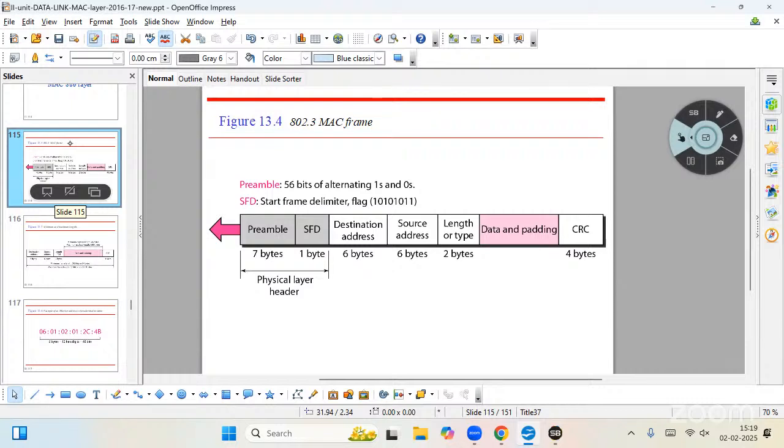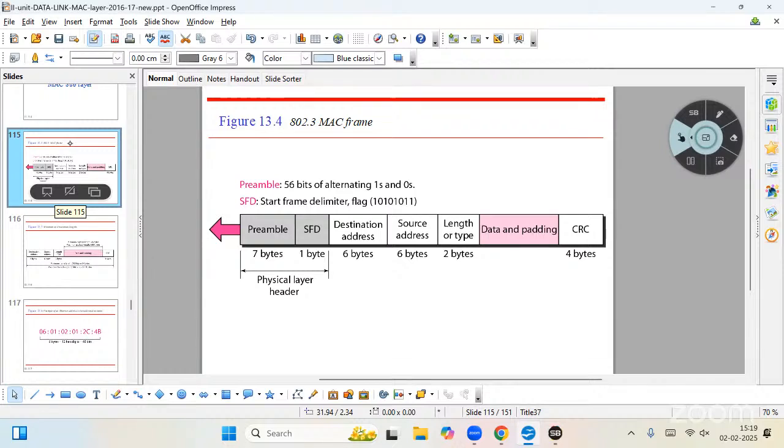In your university semester exam, different types of questions will be asked from your third unit. Explain MAC protocols: the first question, for 14 marks. What are MAC protocols? Medium access control protocols. Or they will ask to compare pure ALOHA and slotted ALOHA, for 7 marks.